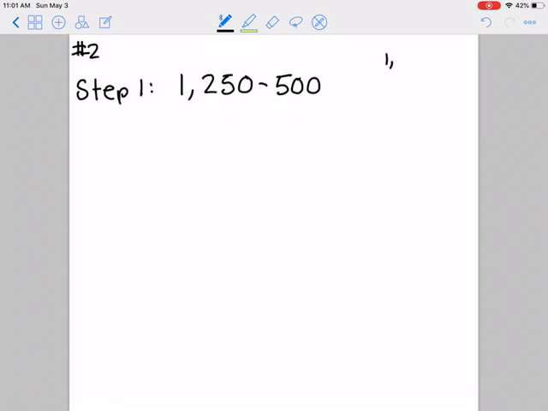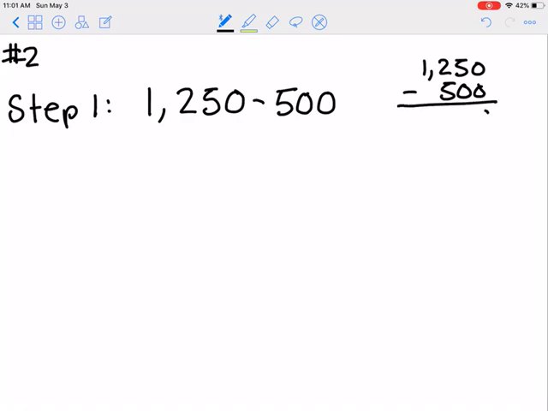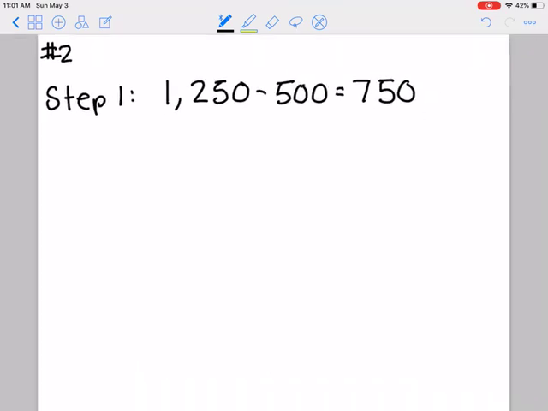So if we did that over here, let me zoom in a little. There we go. 750. Okay, so that was step number 1, figuring out how much money they needed to raise.